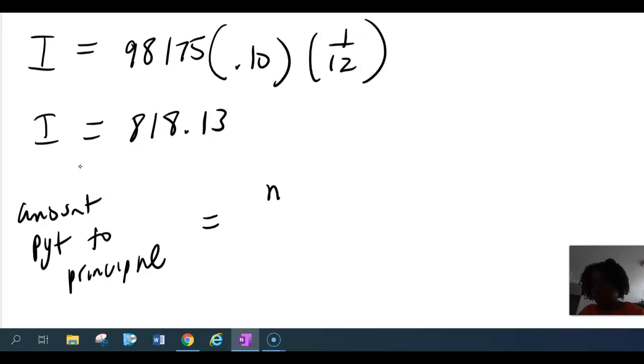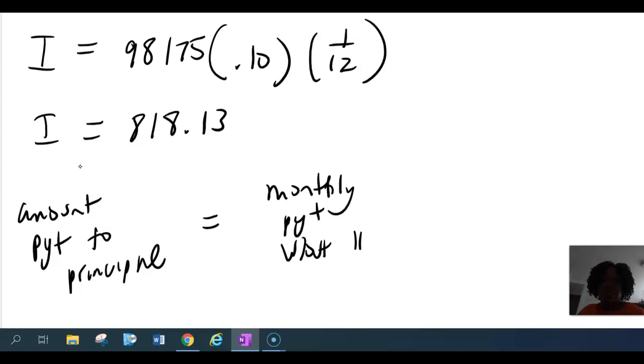So now if we want to find the amount of one payment that goes to the principal, we need to take the monthly payment without the insurance or taxes, okay? And subtract from it the interest for 1 month that we just found previously.